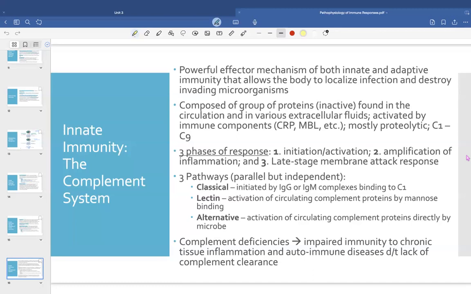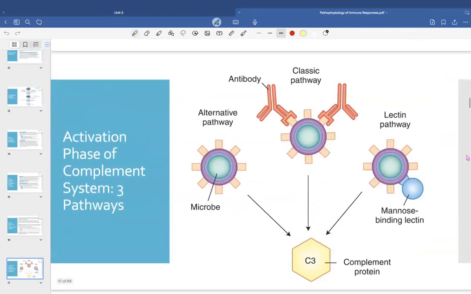This is looking at your classical pathway, as well as your alternative, and then your lectin. So start at the top with classic. You have the antibody that binds, and then it's going to activate complement, which we'll get to a little bit later. It'll go into the next phase. So this is the initiation or activation of complement.